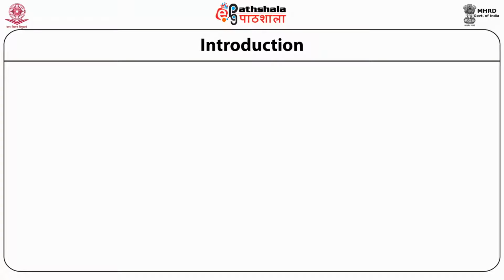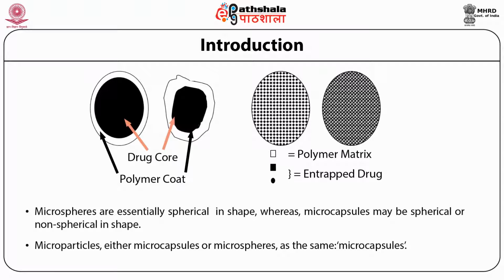Now if you compare microspheres to microcapsules, as clearly shown in the figure, microcapsules may be spherical or irregular in shape, and in this case the drug is encapsulated inside a coating, while microspheres are essentially spherical, and the drug is uniformly distributed throughout the matrix, either in the form of spheres or particles.